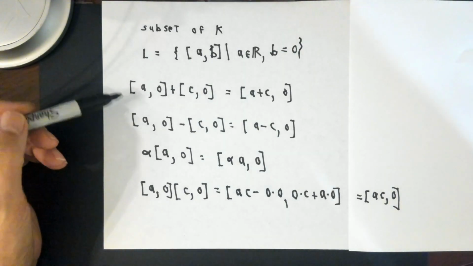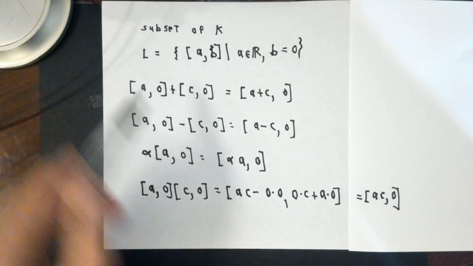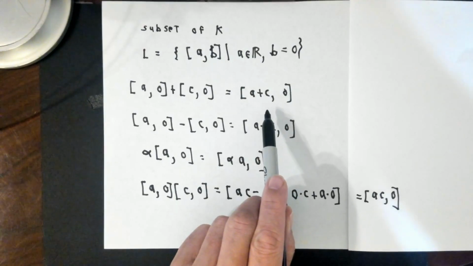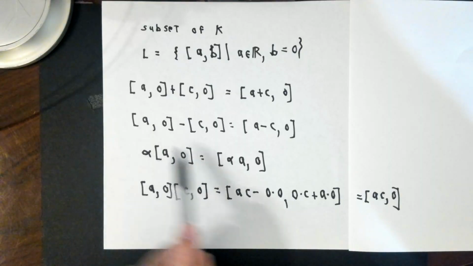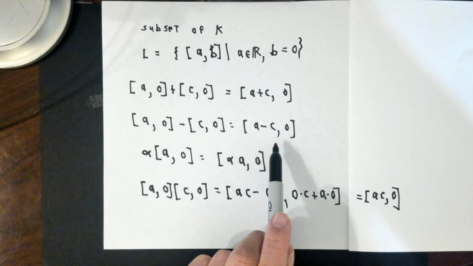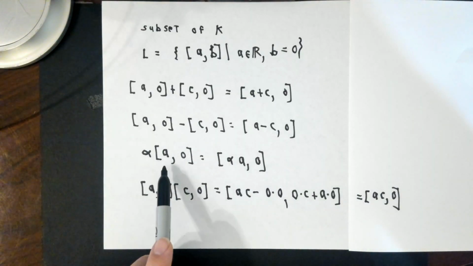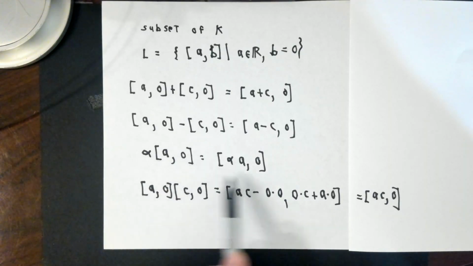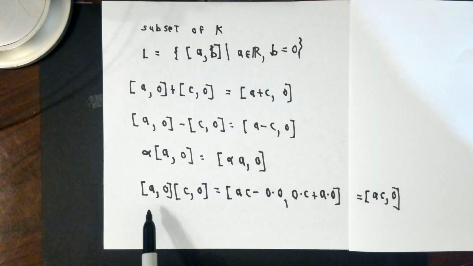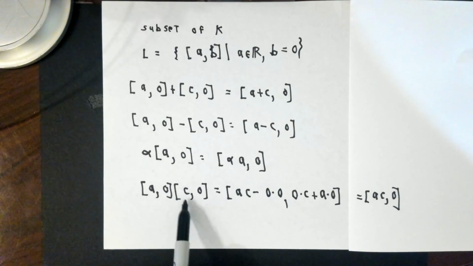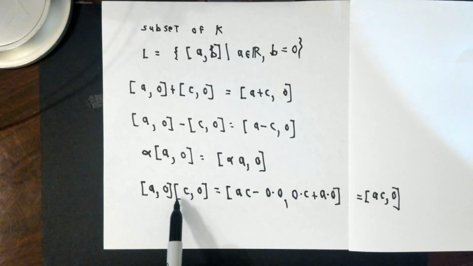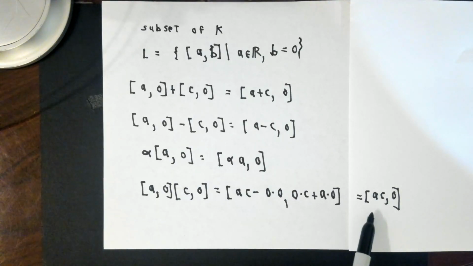Bracket A0 plus bracket C0 is bracket A plus C, 0. If you do the subtraction, something similar happens. Alpha times A, 0 is alpha A, 0, and if you carry out the multiplication, A0 times C0, when the dust settles, you just get AC, 0.